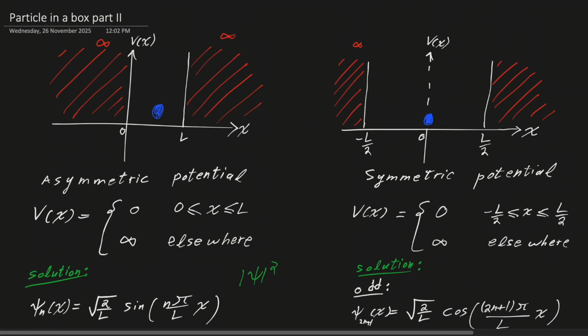And then we took a second approach to the problem and we solved it in a symmetric potential. Now, in theory, the choice of coordinates shouldn't make a difference to what you measure. It doesn't make any difference to the physics of the problem.